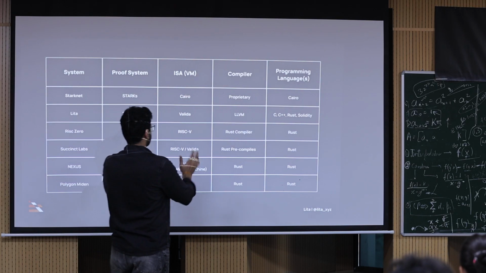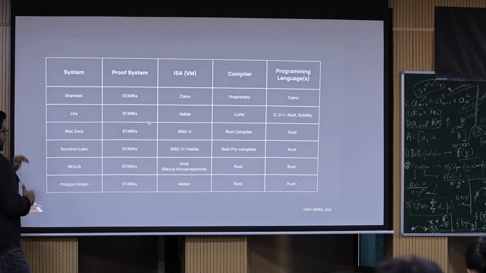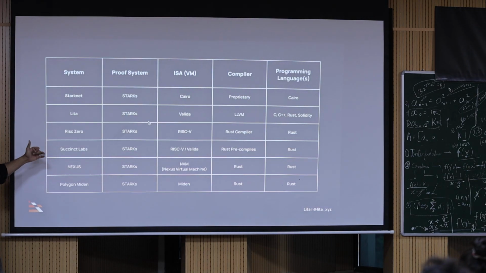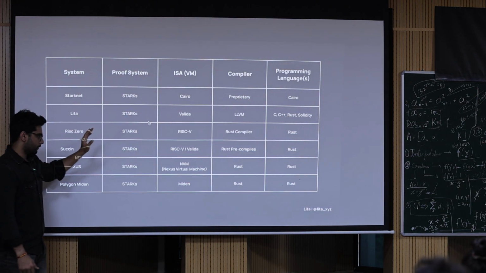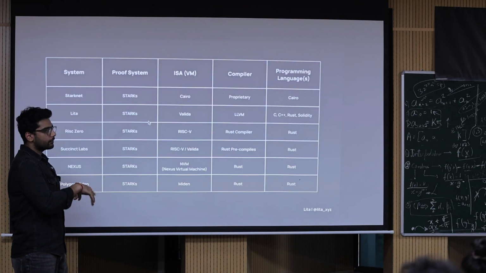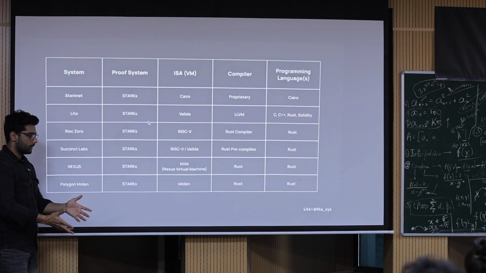There are multiple languages out there, multiple ISAs that have worked it through. These are some of the teams that have been working around the zkVM space: StarkNet, Lita, RISC-0, Succinct, Nexus, Polygon Miden, and a bunch more. So if you think from a modular perspective, you learned how STARKs work, right?